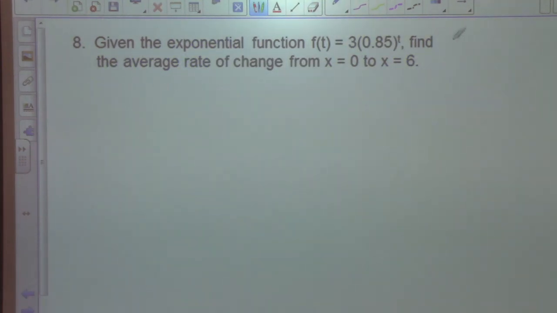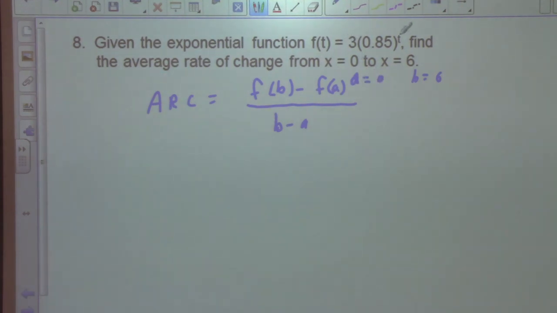But given an exponential function, find the average rate of change. Well, average rate of change, we haven't done one of these. Average rate of change equals f of b minus f of a over b minus a. And so what we have is b is equal to 6, a is equal to 0.